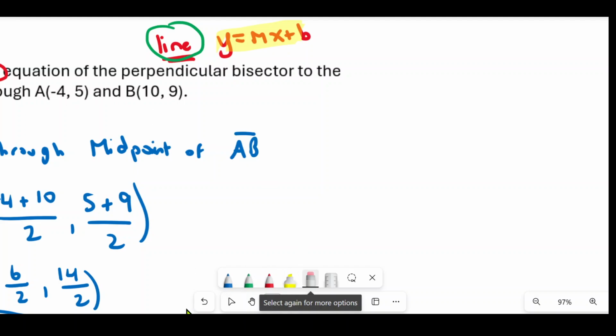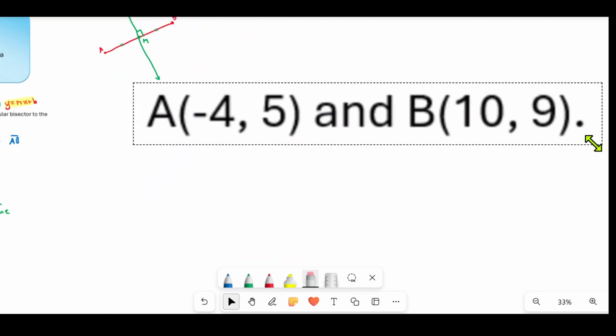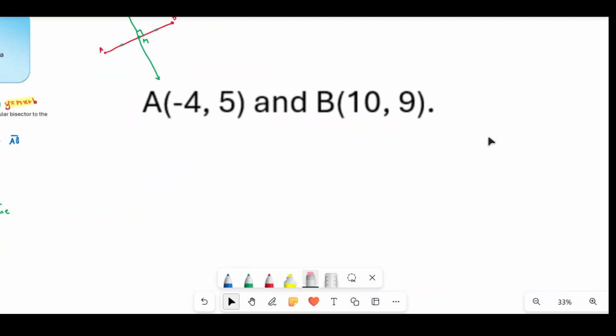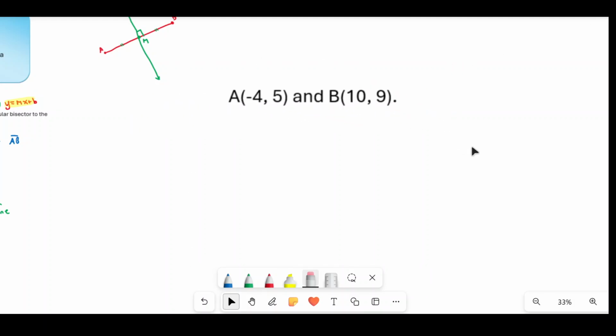What I now need to do is find the slope of this line segment through AB. I've just made a quick copy of that information. Those are the 2 points. We had just found the midpoint, and now we're going to find the slope of that line segment.